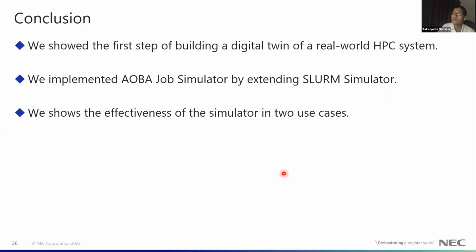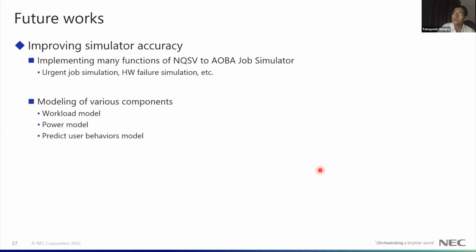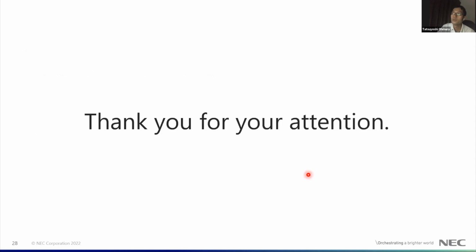Using the simulator, we also demonstrated that the simulation is helpful to do parameter surveys and discuss the adequacy of the parameter configuration without actually changing the parameters of the target HPC system in operation. In the future, we would like to further improve the accuracy of the simulator and utilize it in the operation of AOBA. This concludes my presentation. Thank you for your kind attention.